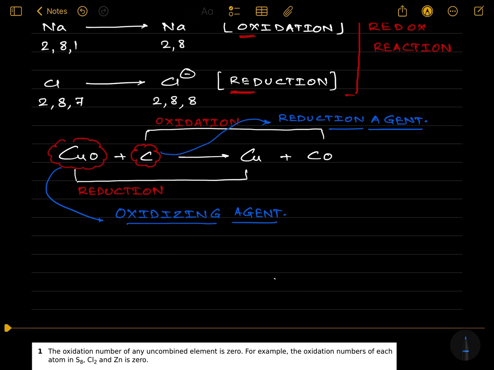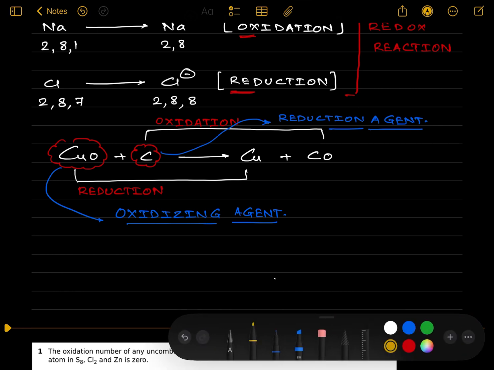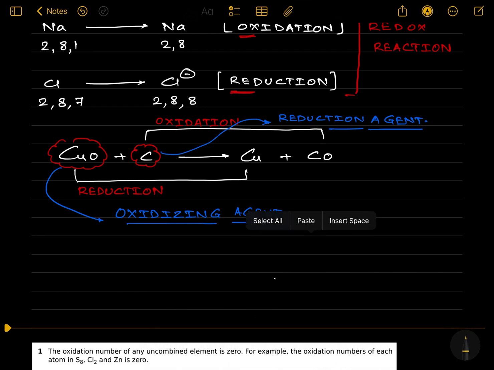In case you encounter a question saying define an oxidizing agent, or define a reducing agent, let's see how to define both of them. I'll define the oxidizing agent first.